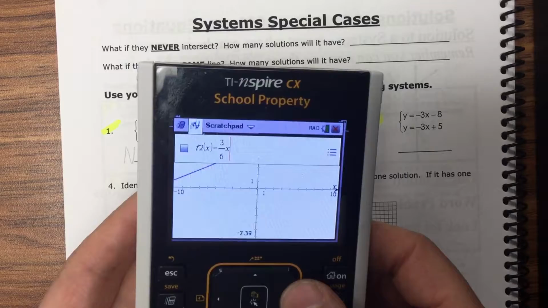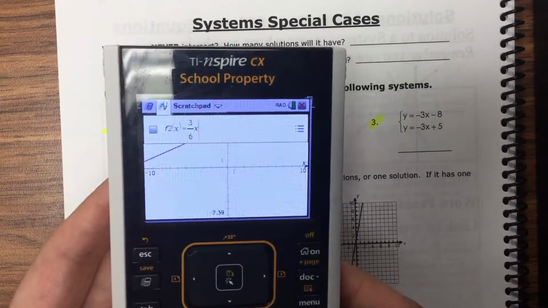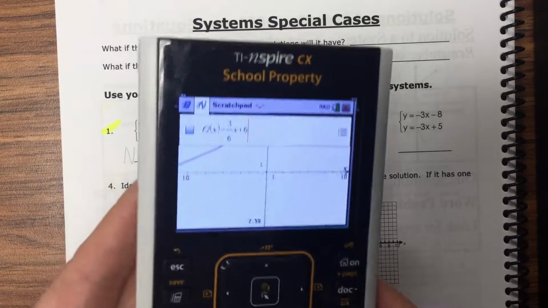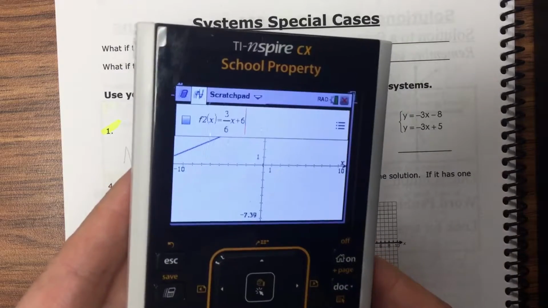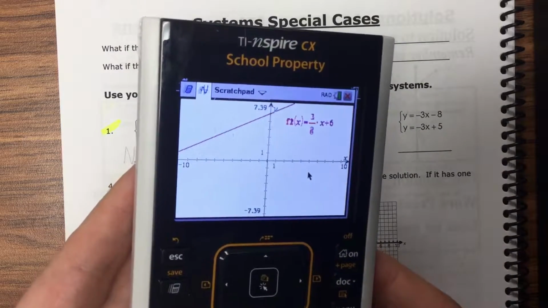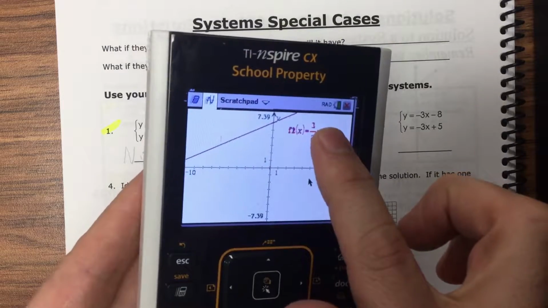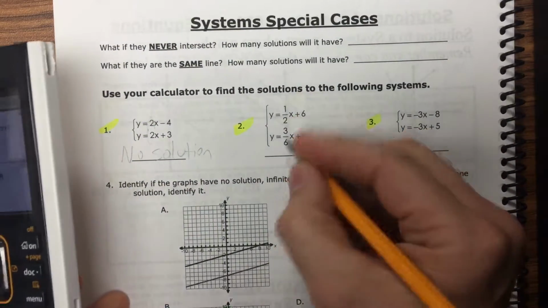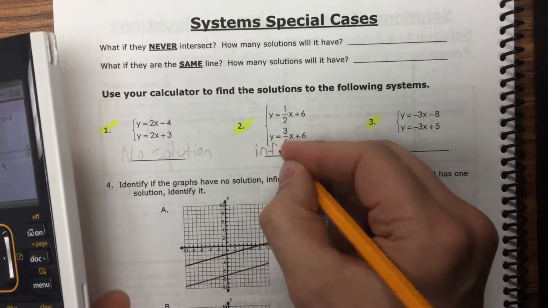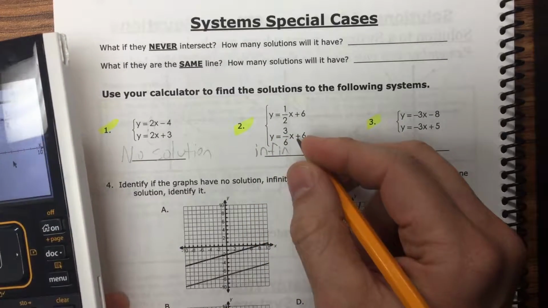Now 3/6 reduces to a half. So watch carefully when I hit enter. You see the blue line here? It's now the red line. It's kind of a purple line if you look, right? Because it's the exact same line. That is an example of infinitely many solutions.